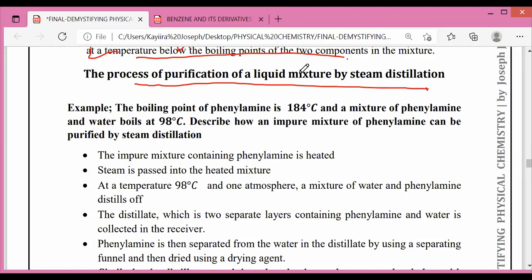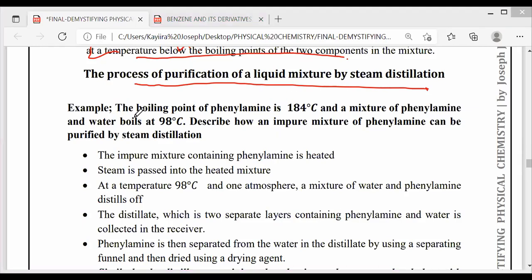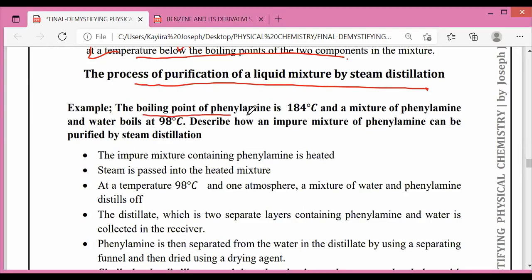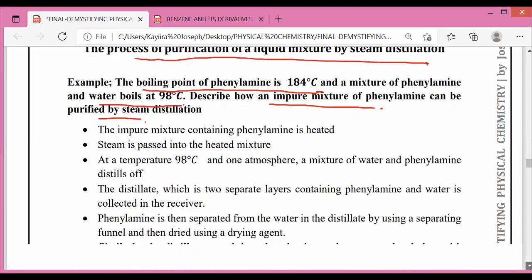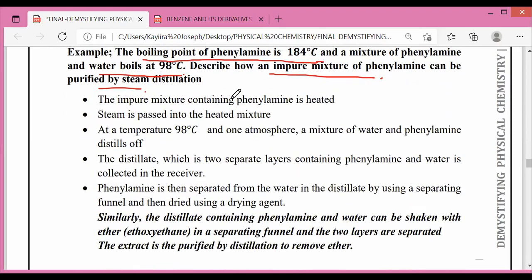So here they are telling us that they want us to explain how. You're given the boiling point of phenylamine, 184, and you're told that the mixture of phenylamine and water boils at 98. Describe how an impure mixture of phenylamine can be purified by steam distillation. So what we do first is to heat the impure mixture containing phenylamine.